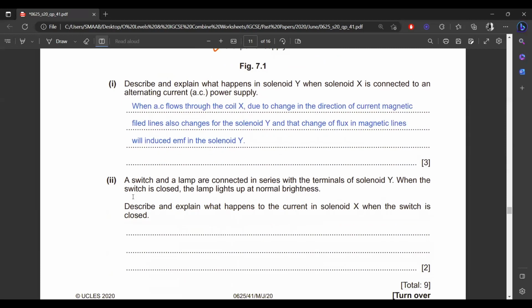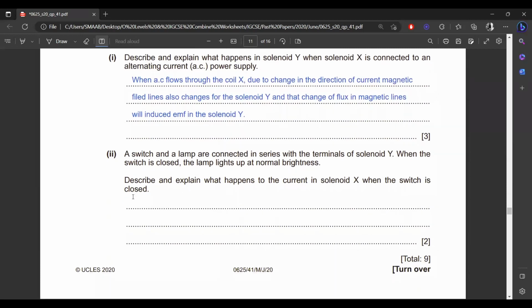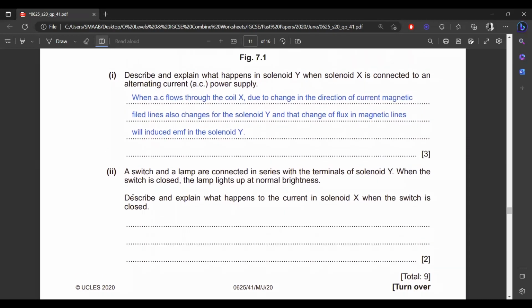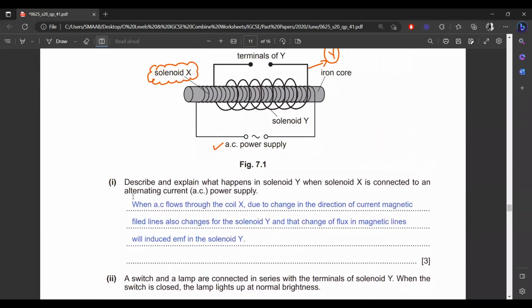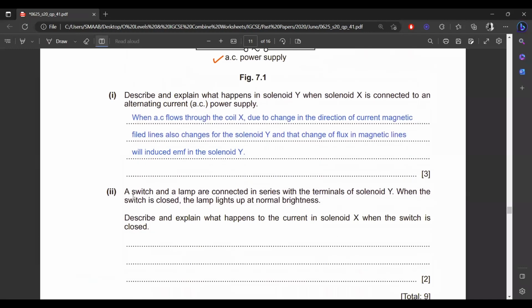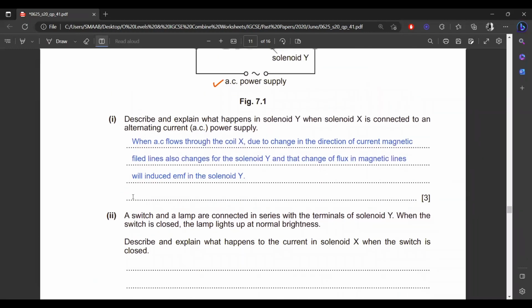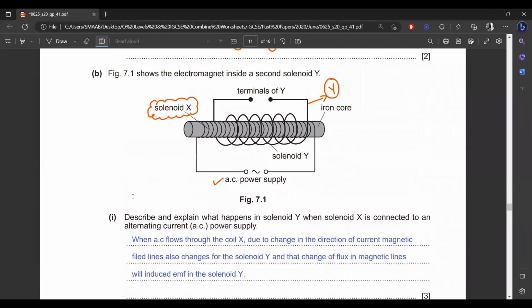Okay, part 2. A switch and a lamp are connected in series with the terminals of solenoid Y. When the switch is closed, the lamp lights up at normal brightness. Describe and explain what happens to the current in solenoid X when the switch is closed. So this is terminal Y, and we are going to connect a switch over here, let's suppose like this.